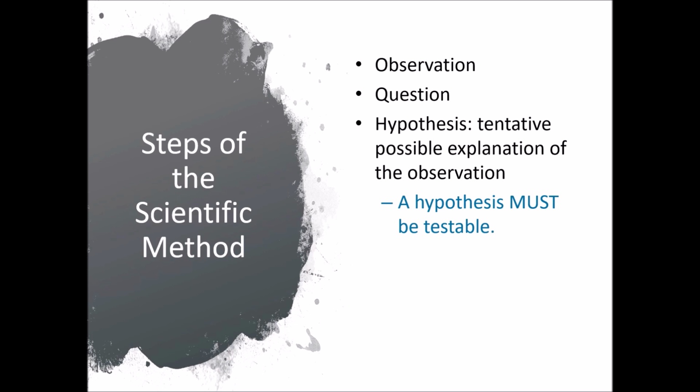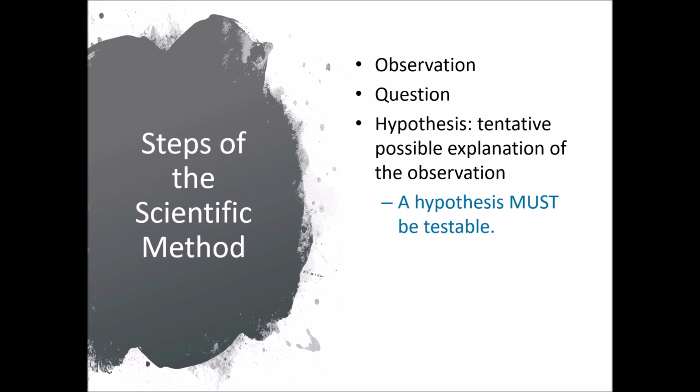That means there must be a way you can test it to see if it is so. Now be careful, because testable is different than tested. Tested means it already happened. A hypothesis can be a scientific hypothesis even if it's never been tested, but it must be testable. There must be a way you can test for it.